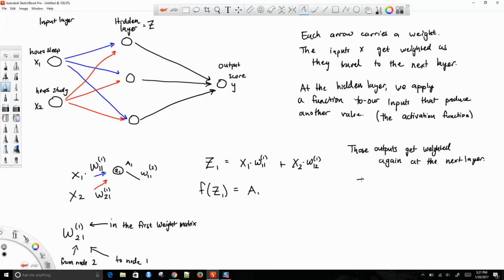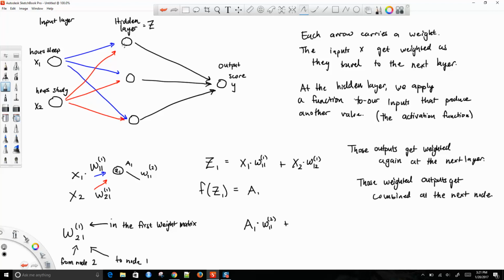Those weighted outputs get combined at the next node. So at this node Y, what are we going to have? We're going to have A right here being weighted and combined with this output A.